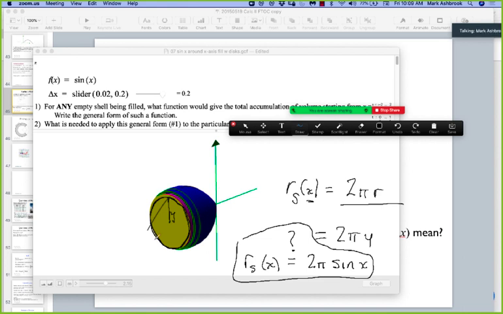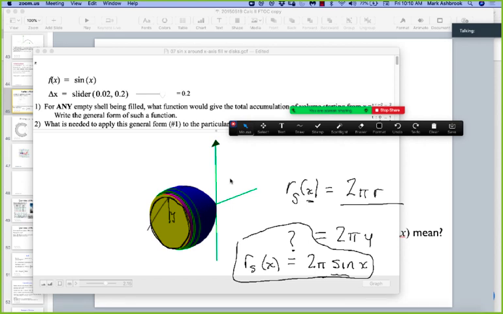Like a rubber band for a little change in x would be adding a little bit more surface area. So we think it's the length around that circumference. So we can test this by using a shell for which we know the area, like a sphere.